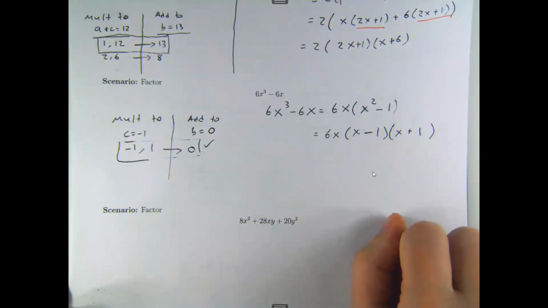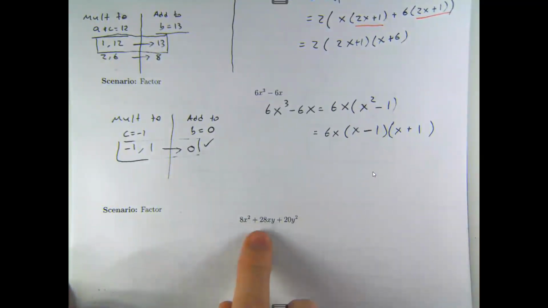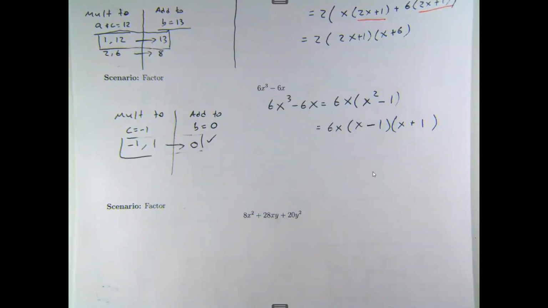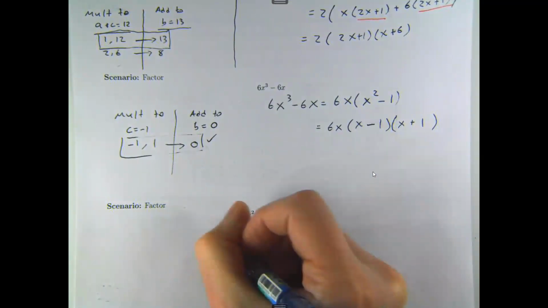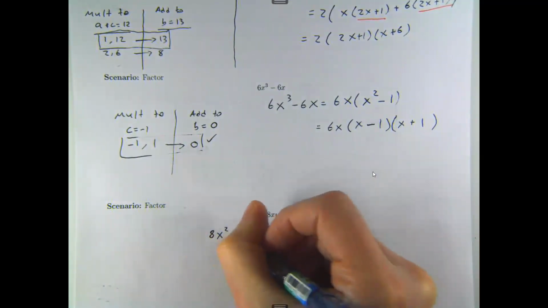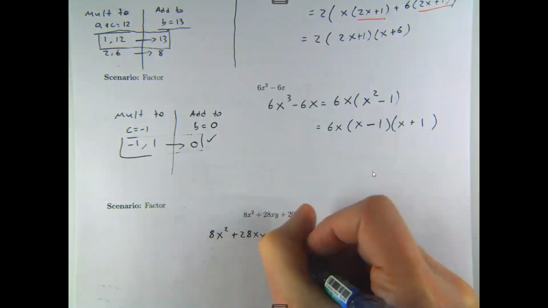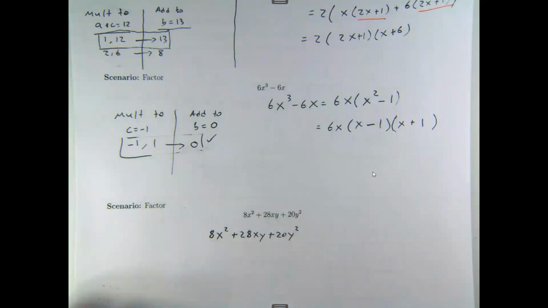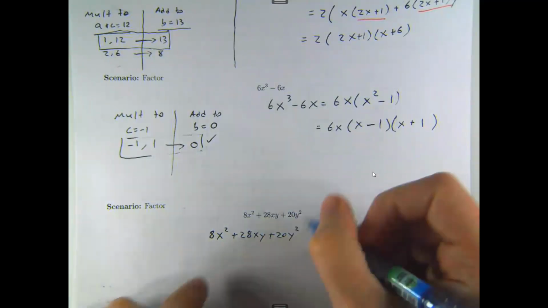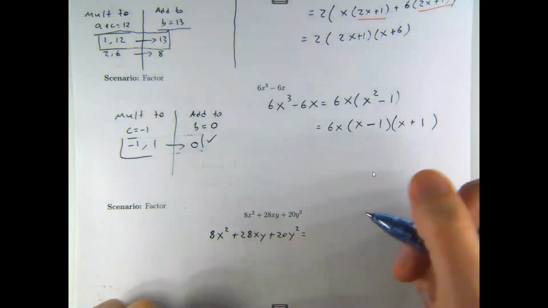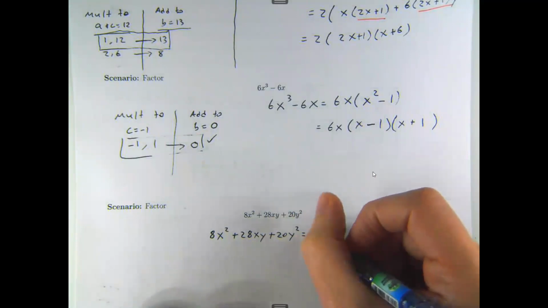Finally, let's look at 8x squared plus 28xy plus 20y squared. There are a lot of different ways of doing this problem. But the first thing that I want to do is pull out anything that they all have in common. 8, 28, and 20 all have the number 4 in common.